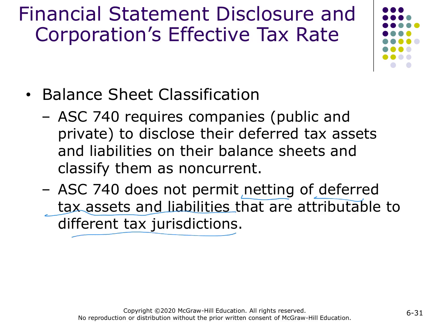You have to list them all out separately. So if you operate in 23 states, you can't combine them all into one account. You have to have deferred tax assets and liabilities related to each of those 23 states. Okay, that's very important to remember.